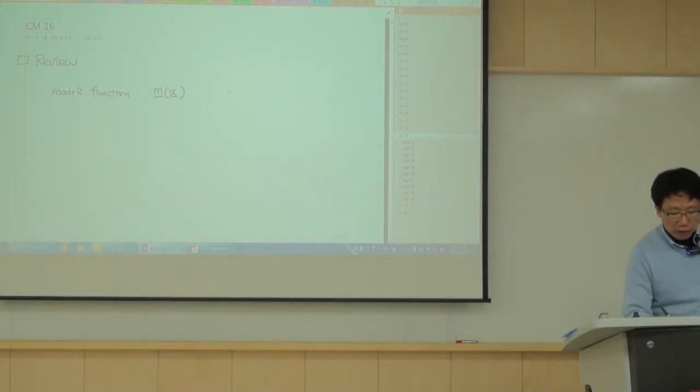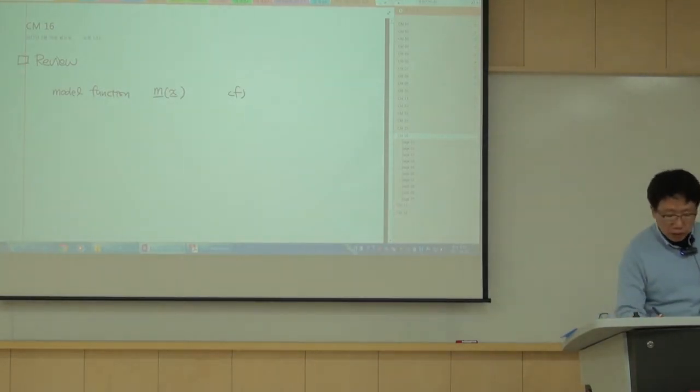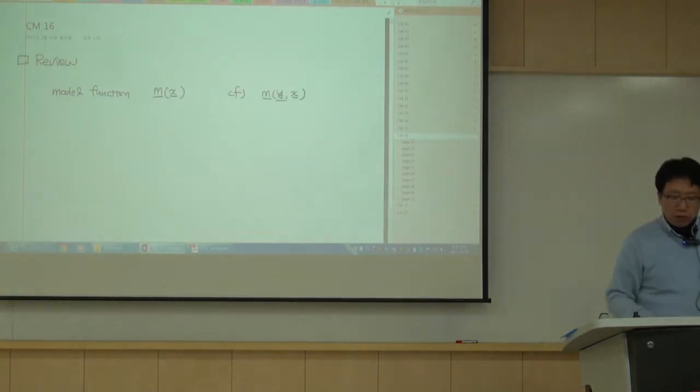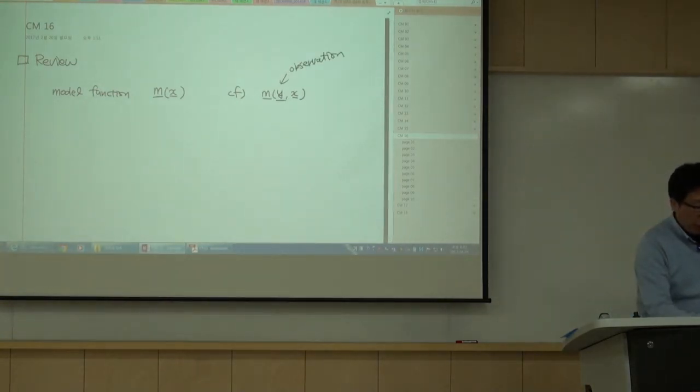However, in many cases, especially for statistical signal processing, we have a function of the observation and parameter, where we often use theta instead of x, but anyway, doesn't matter. This is the parameter to be estimated.